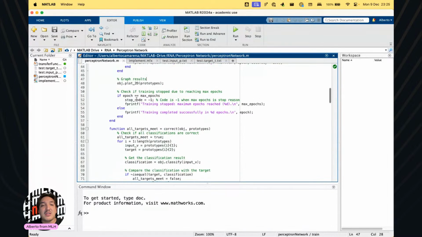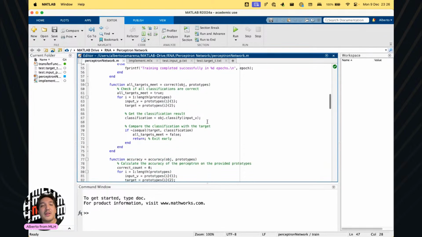If it's because of the epochs, we set this stop code to -1, and we can try it again. You know, we can do interesting stuff there. If that's not why, if this is due to successful training, we set that, and that's all.